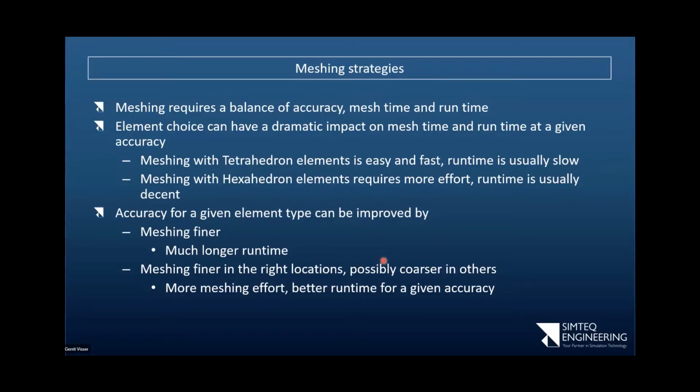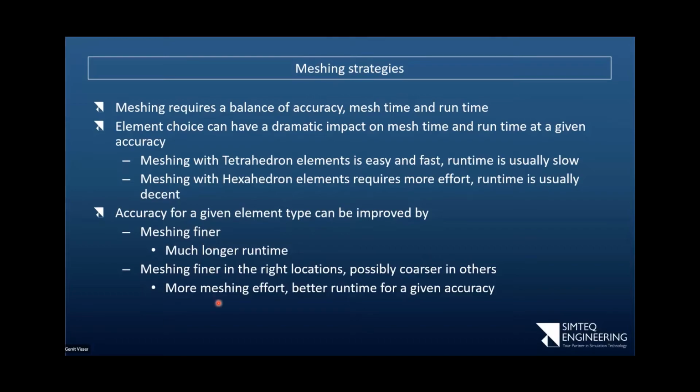If I look at solid elements, that'll be third order. So half the element size will mean 8 times as many elements, meaning significantly more than 8 times longer runtime. So that's one way to do it. By simply meshing finer, we'll usually end up with significantly longer runtime.